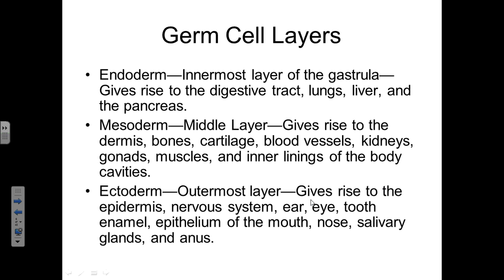Mesoderm also makes your bones, your cartilage, your blood vessels and your kidneys. It makes your reproductive organs, gonads. Mesoderm also makes the muscles and the linings of the body cavities. Most of your body cavities are lined with almost like a membrane. This is the structure that makes that.